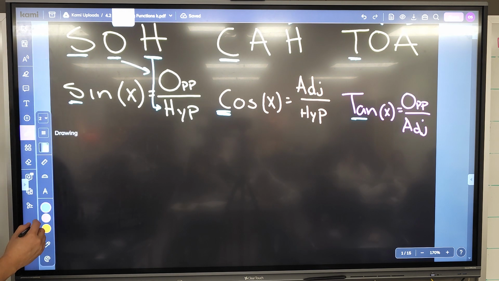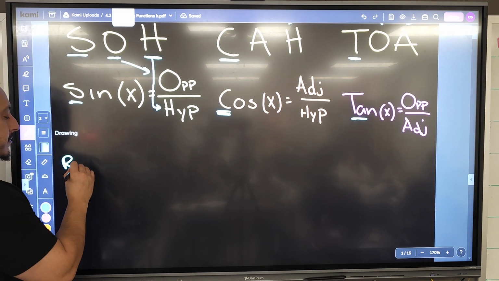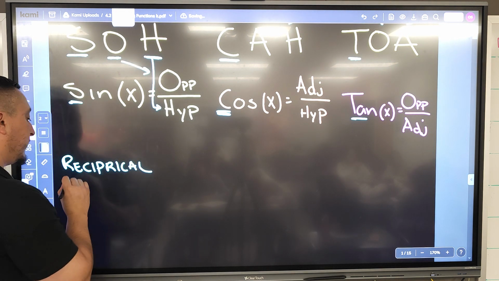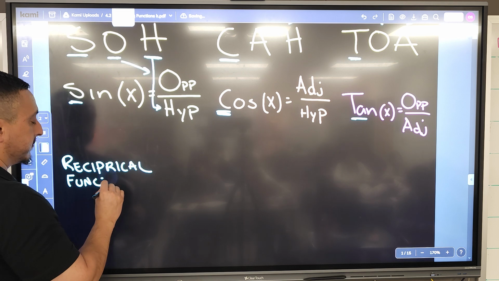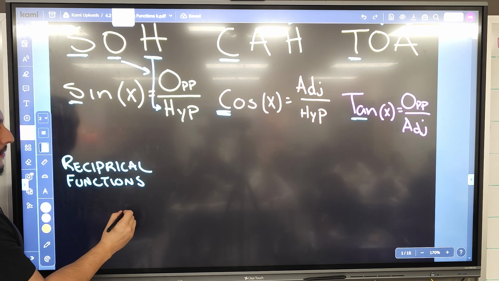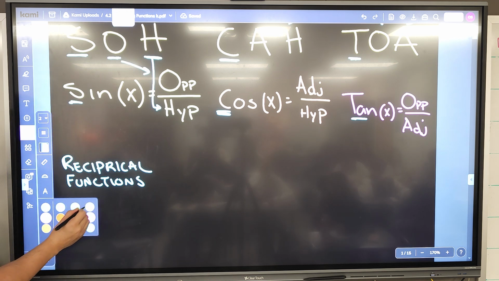And then we have these that are called reciprocal functions. My last period said they don't do this in geometry, so these might be new to you. Reciprocal means like the opposite of these, the flipped versions of these. They have their own names. First let me show you what I mean by that.